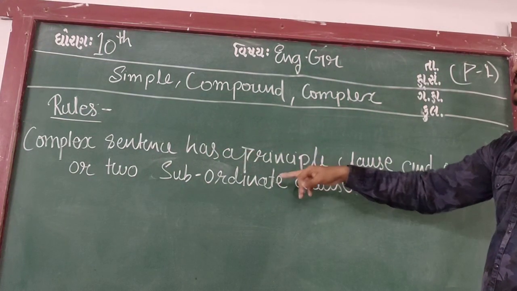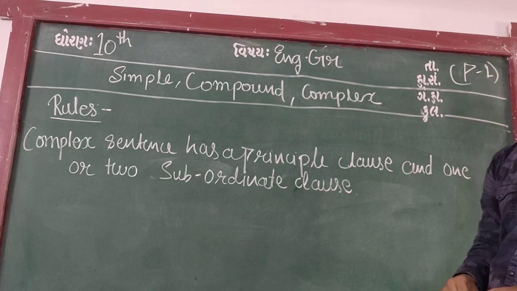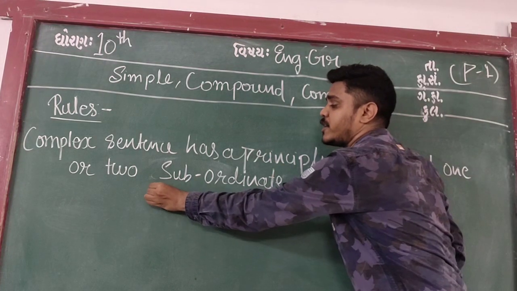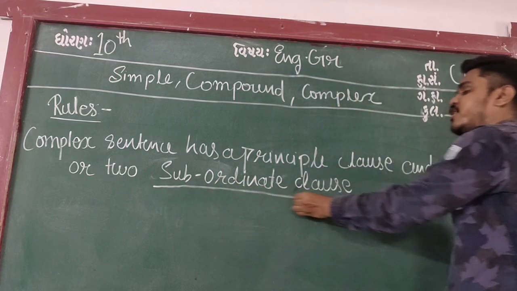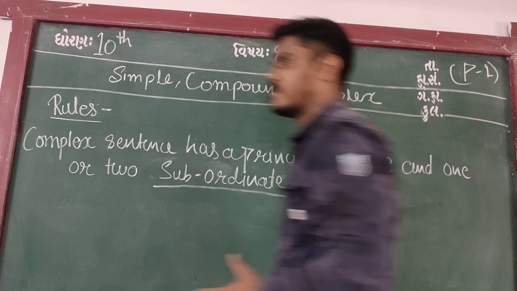a complex sentence has a principal clause and one or two subordinate clauses. Here we are going to introduce ourselves to the subordinate clause.